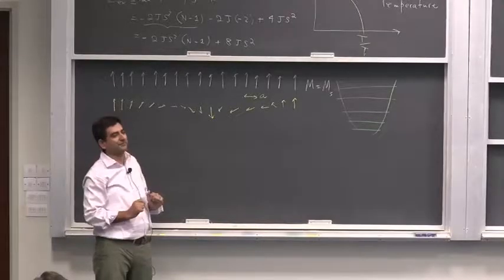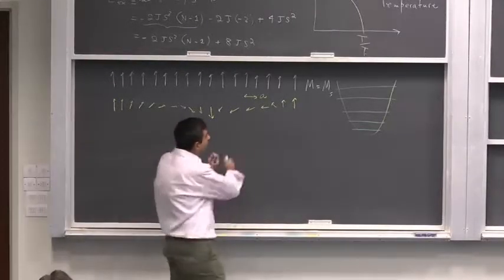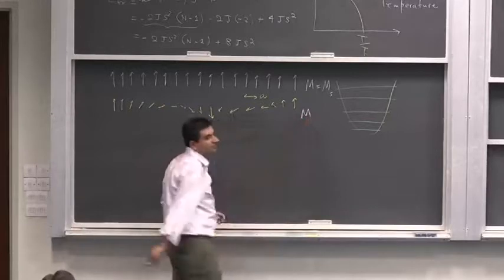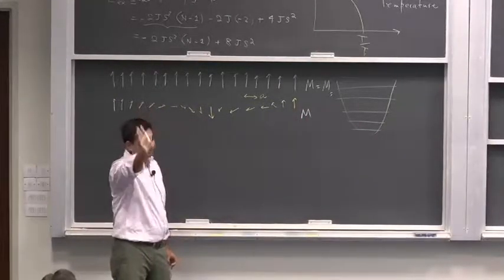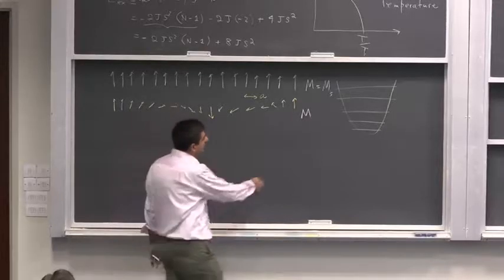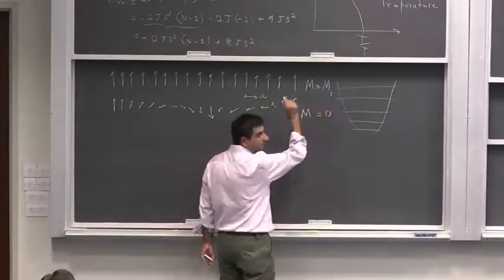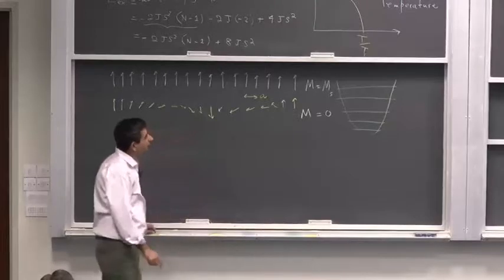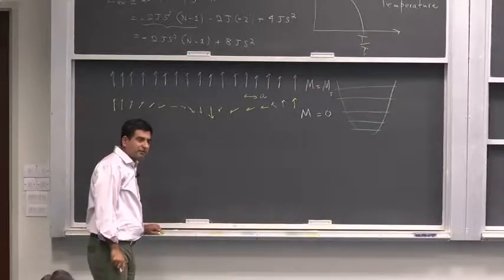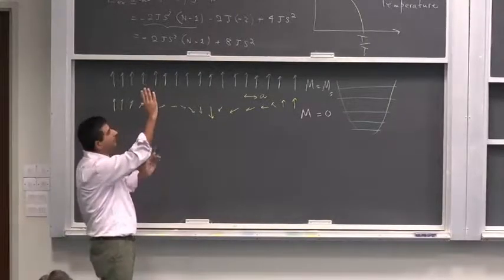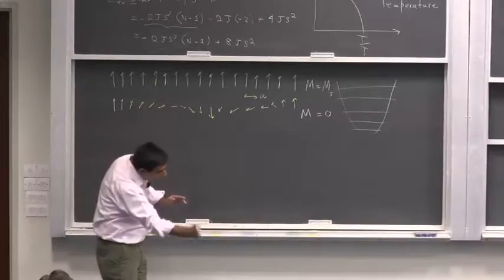What's the magnetization of this chain? If the spins are making a complete circle, the magnetization of the system is 0, because you add up all of these vectors, you get 0. So one spin is pointing up, the neighboring spin is slightly down, so all of the spins are canted.